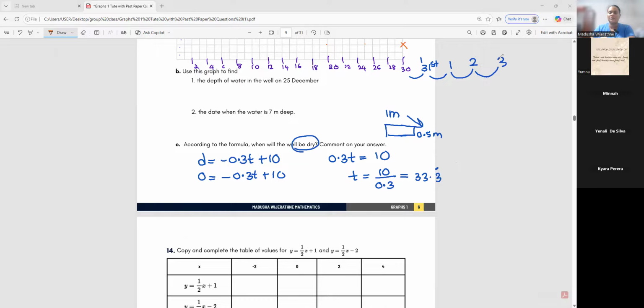Then it goes to 3rd of January, next year, not this year. Can't write 2nd, because on 2nd of January there will be some small amount of water in the well. 33.3 means it goes to the next day. Not 2nd, 3rd of January.